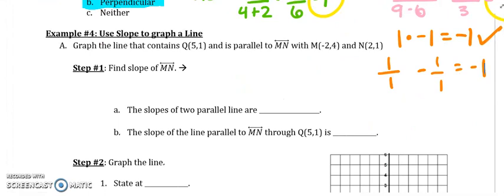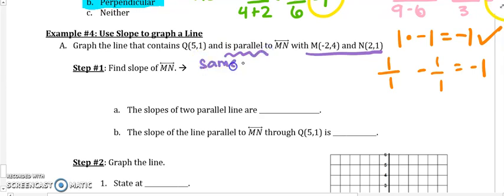So those are opposite reciprocals, so the two lines are perpendicular. Now we're going to do a similar problem, but instead we're going to graph the line that is parallel to MN. So we have these two points, and we need something parallel to it, which means we need the same slope. So the first thing we're going to have to do is find the slope of MN, which comes out at negative 3/4.